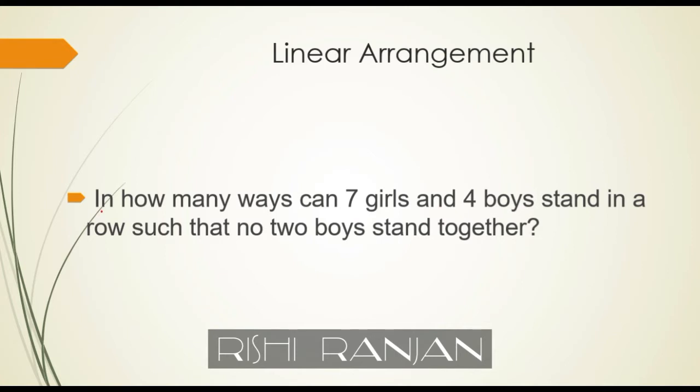Next type. In how many ways can 7 girls and 4 boys stand in a row such that no 2 boys stand together? Now if I try to arrange it, let me see. No 2 boys together. So boy, boy, boy, boy. I have 7 girls. 1, 2, 3, 4, 5.